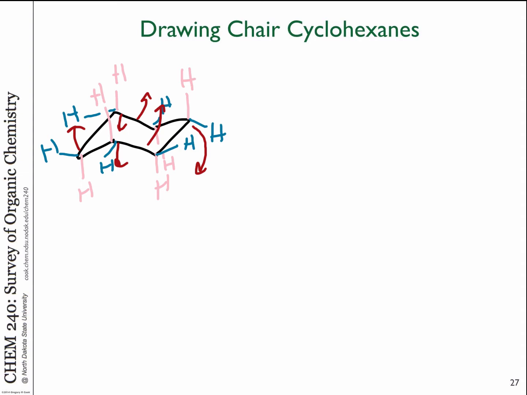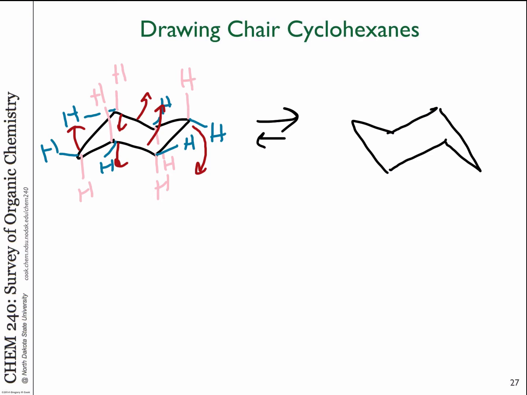So if I have the foot of the chair on the left side here, now that foot of the chair is going to be on the right side in the ring flip conformation. And my two parallel bonds in the middle are going to be opposite, so I'll be starting from this direction. Okay, and then that's my chair. That's the ring flipped chair.